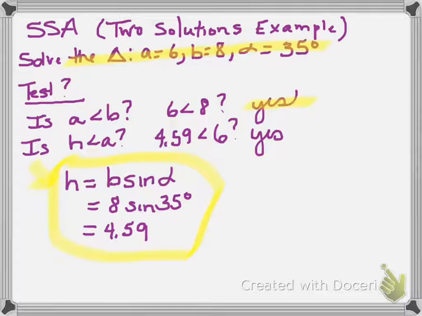I have 8 times the sine of 35 degrees, which is approximately equal to 4.59. So now I can ask my question, is 4.59 less than 6? Why, yes it is. So since I answered yes to both of those questions, that means I'm going to have two triangles.